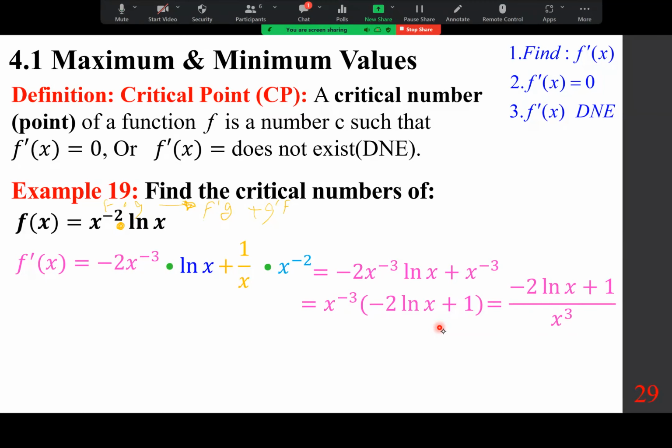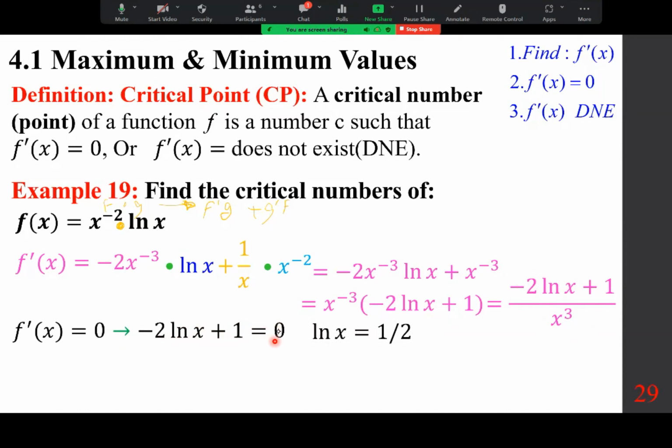Now, that was the first step. Now, the second step says f prime is 0. We want to set this equal to 0. A fraction is 0 when its numerator is 0. So if we set this equal to 0, that means the top is 0, and that means you take the 1 to the other side and you divide by negative 2. ln x becomes 1/2. I'm assuming that's easy.